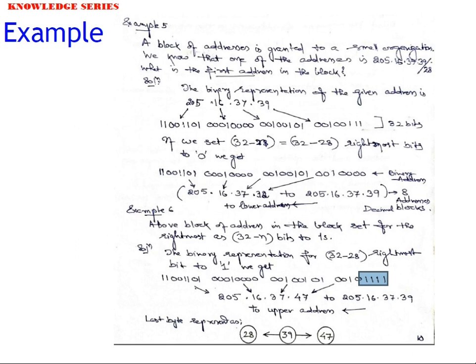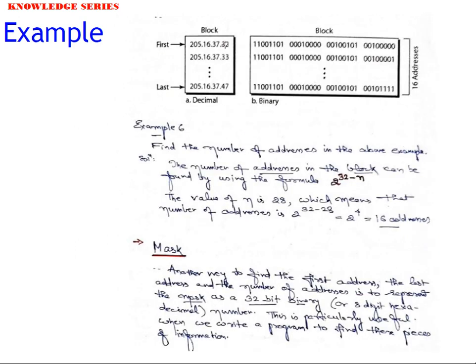This is the example with respect to the distribution of IPs, that is, 32 to 47, in decimal and binary representation.